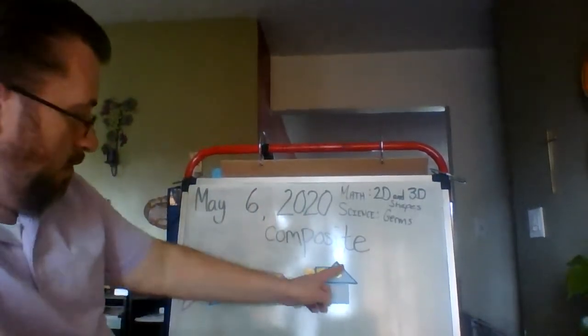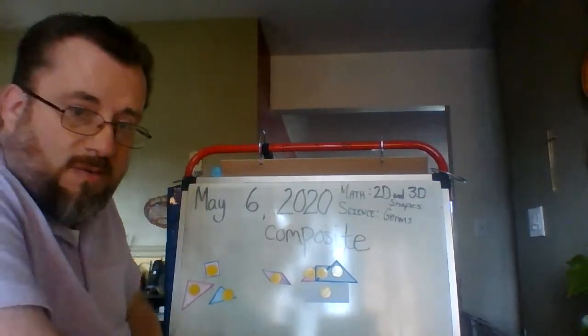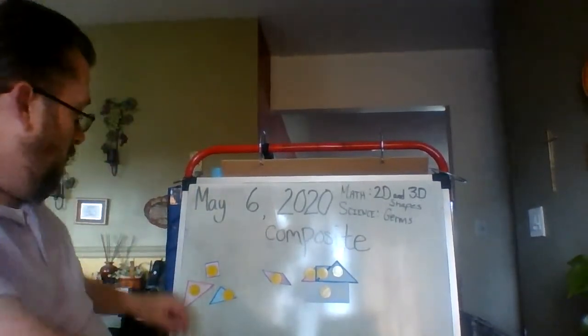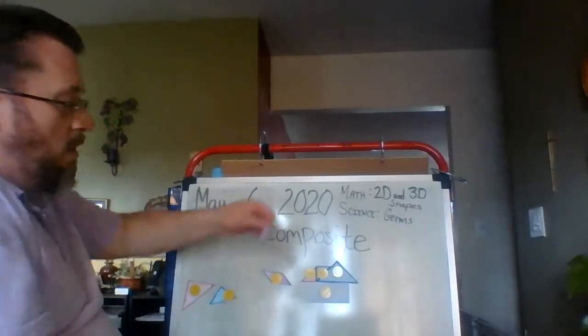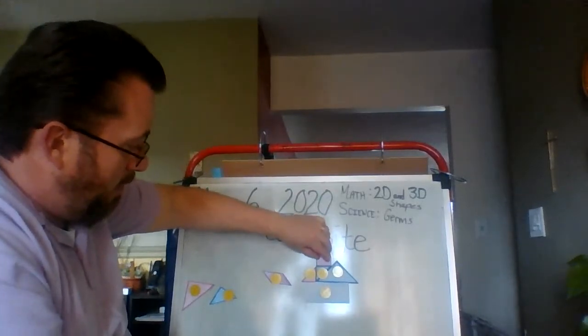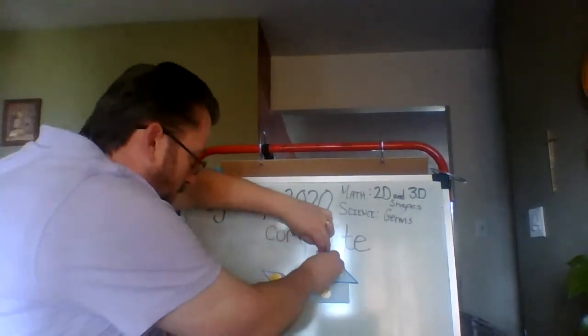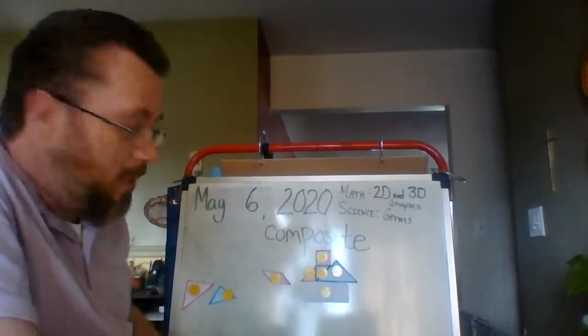I'm starting to notice an outer shape that looks kind of like a house. So if I want to put a chimney on my house, I take the square, set it on top of the other triangle I just put down, and that makes the chimney. Now I've made a house.